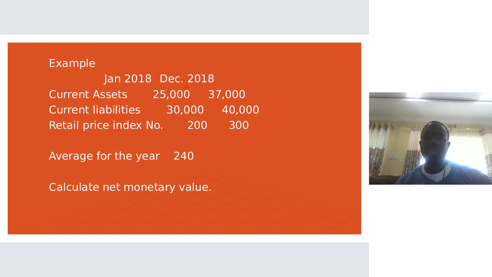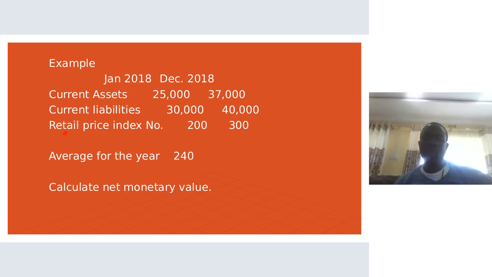For current assets, in January the value was 25,000, and in December the value was 37,000. Then for current liabilities, in January the value was 30,000, and in December 40,000.